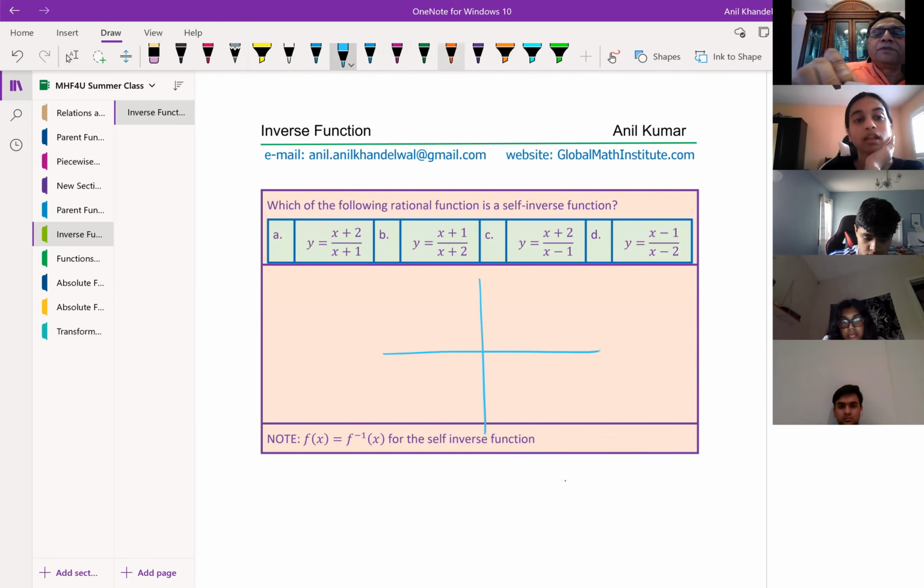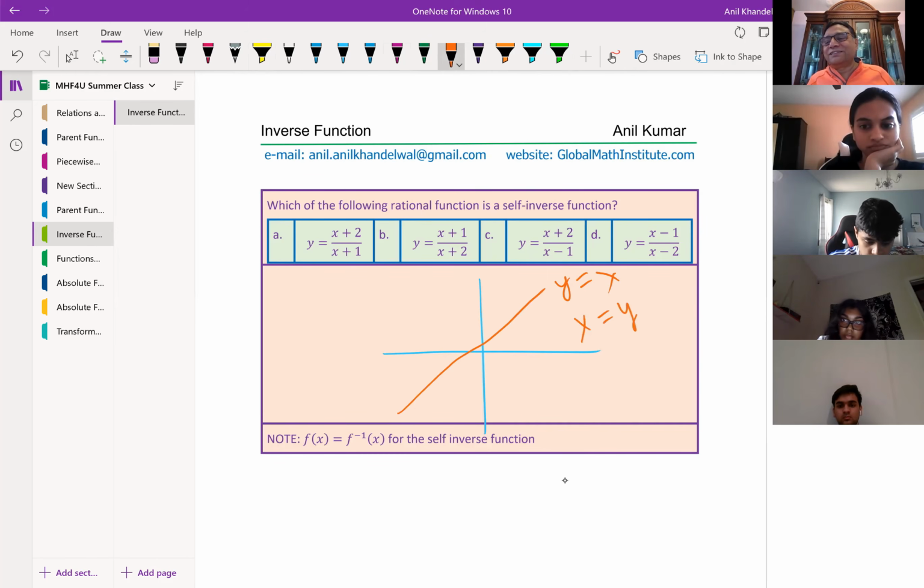For example, if I draw the line y equals x and reflect it on y equals x, I get the same line, correct? x equals y, same as y equals x. Self-inverse. How about this line?